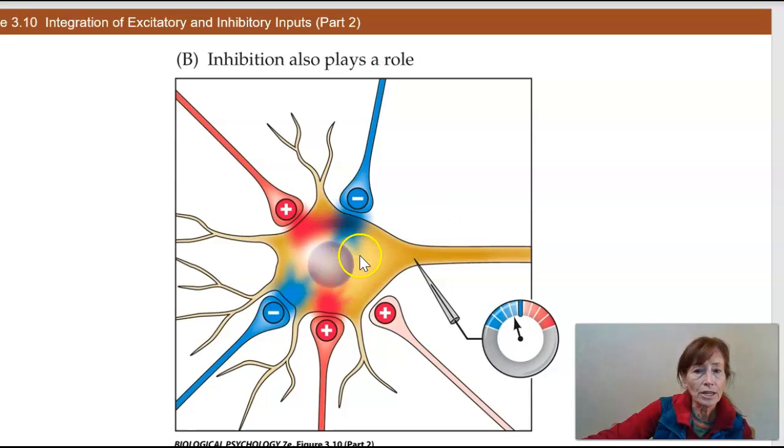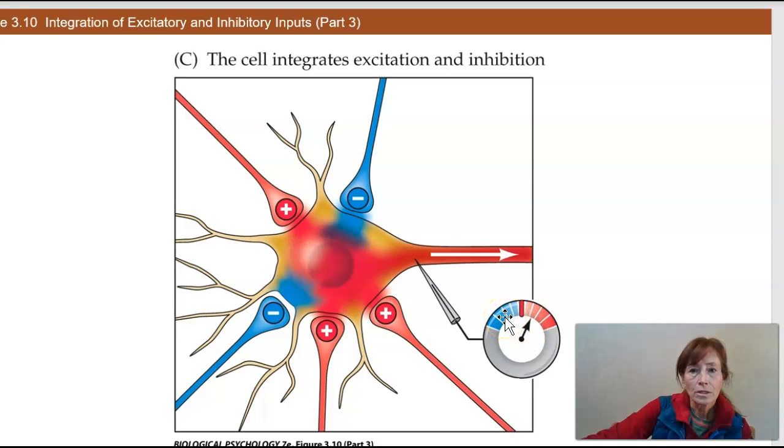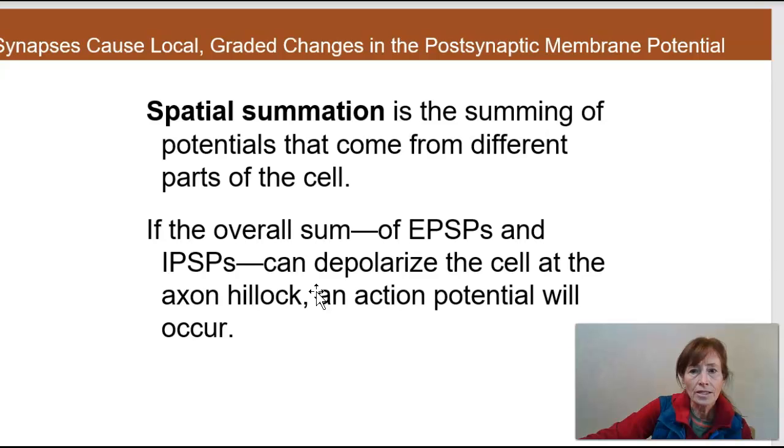But you can also go the other way. Sometimes neurons will be inhibited because there'll be more inputs that are inhibitory. And so that's why this little gauge is showing on the blue. That integration of all of these things is what the axon hillock does. And interestingly, it can happen at various different locations spatially on that neuron, or it can also operate in different time spans, which is temporal.